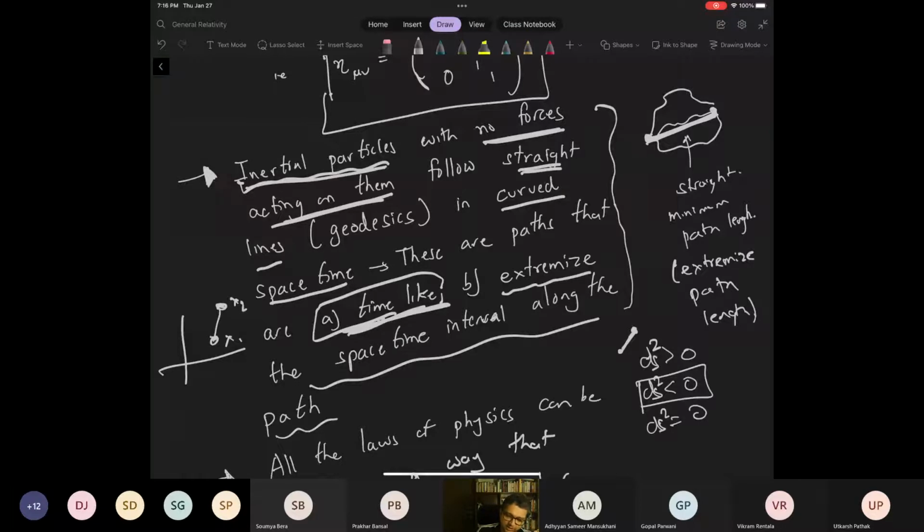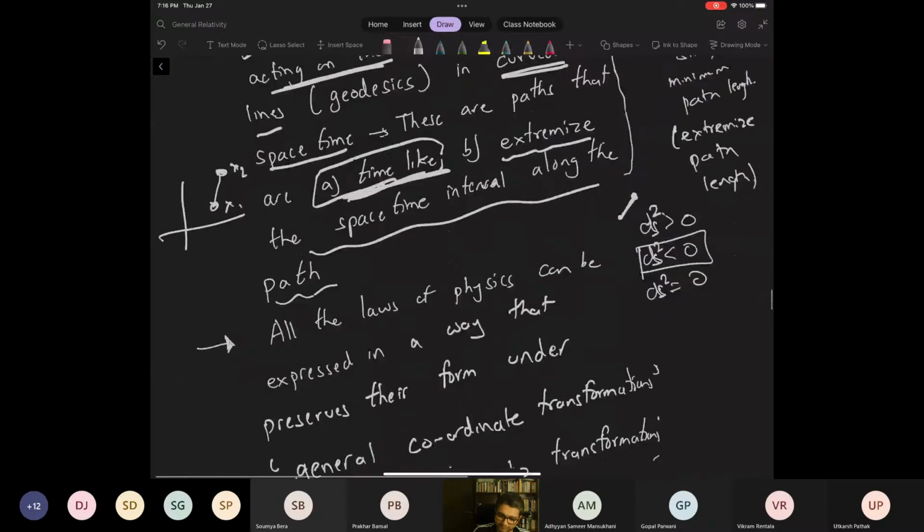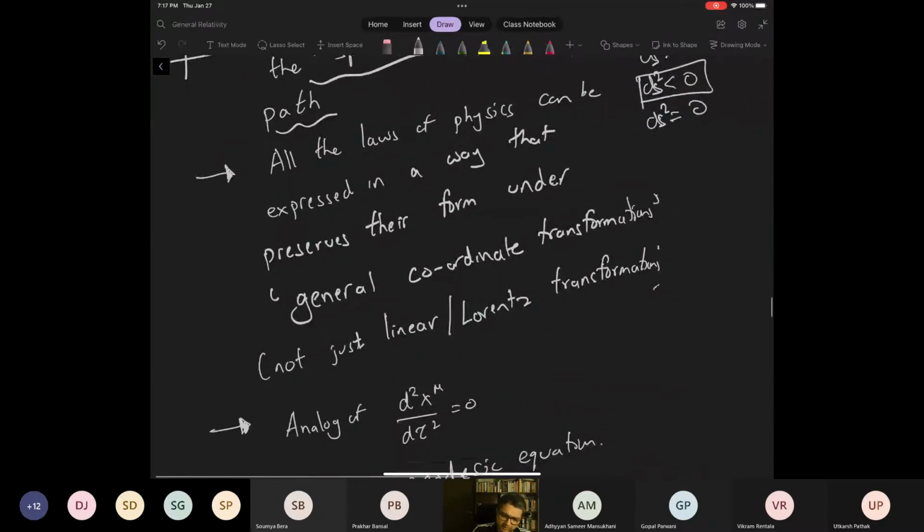One is that inertial particles will follow straight lines in this curved spacetime. The reason that you have curved spacetime is that it is somehow describing these non-uniform gravitational fields. That is, the fact that parallel trajectories no longer appear to be parallel is a hallmark of curved spaces.